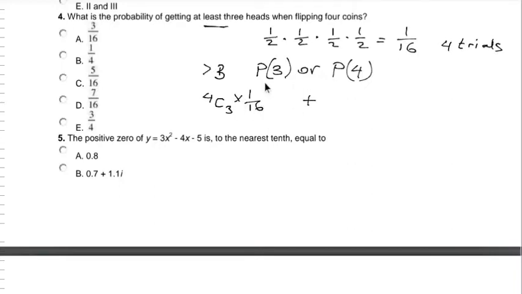Okay, that's the first option, so that's done. And the probability of having all heads would be 1 in 16. That would occur only once. So we have 4 here. 4 multiplied by 1/16 plus 1/16 will give you 5/16. So the answer is C.